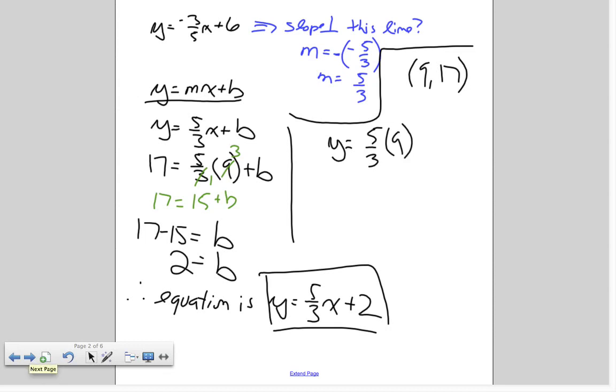What do we get for a y value? y is equal to 5/3 times 9. Cross reduce here, I get 15. Oh, sorry, it's supposed to be plus 2. 15 plus 2, so y is equal to 17. So that point 9, 17 is on this equation. That's how we can double check that we got the right equation.